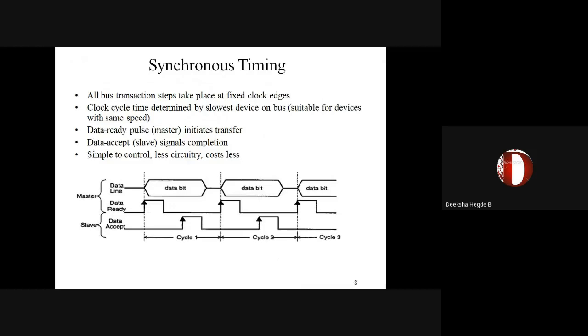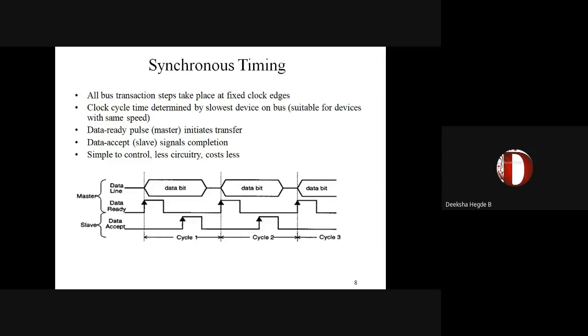The next one is synchronous timing. All the bus transaction steps take place at fixed clock edges. As you can see in the diagram, it shows the synchronous bus timings with the fixed clock cycles.